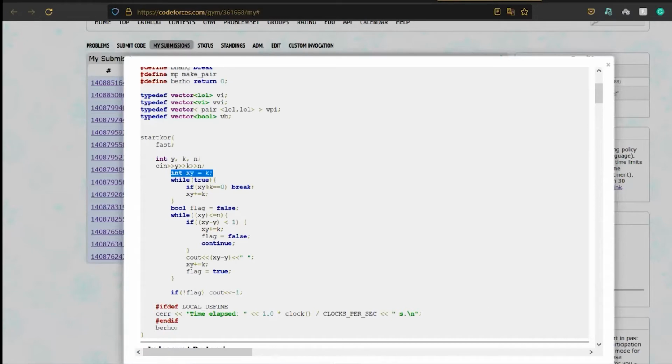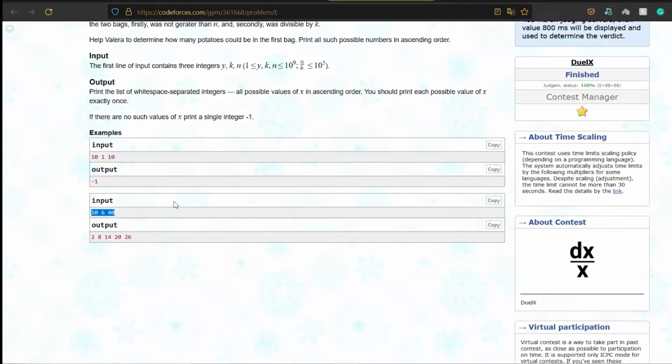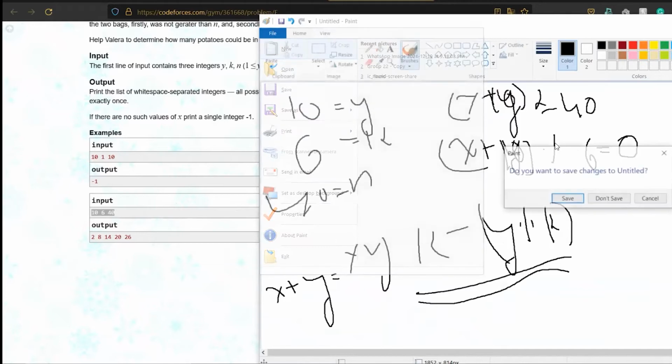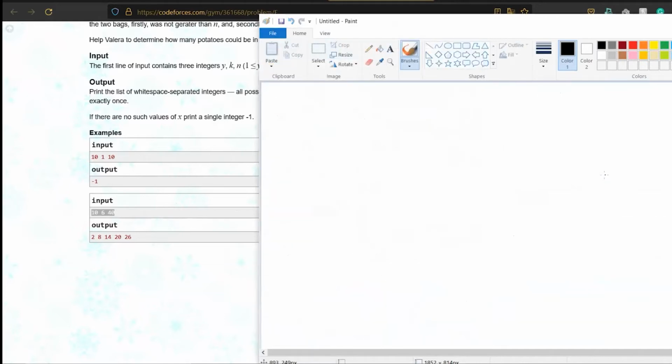Okay, now the basic approach that I had, have a look at this. It says that x plus y is exactly divisible by k. So this is an AP, okay? This is an arithmetic progression problem. If we can figure out the first multiple which is divisible by k, and x plus y is lesser than 40.